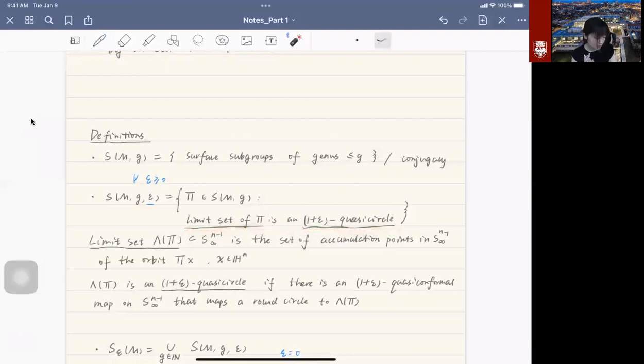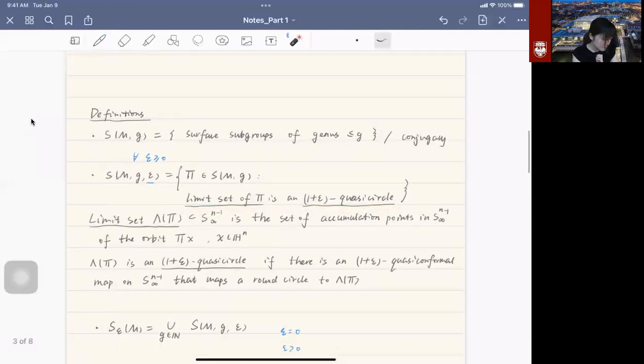Okay, now I'm going to introduce what a limit set is and what a 1 plus epsilon quasi-circle is. Firstly, for the limit set, we know that in the Poincare model, the n-dimensional hyperbolic space can be considered as the unit ball of dimension n, and the boundary at infinity is the (n-1)-sphere.